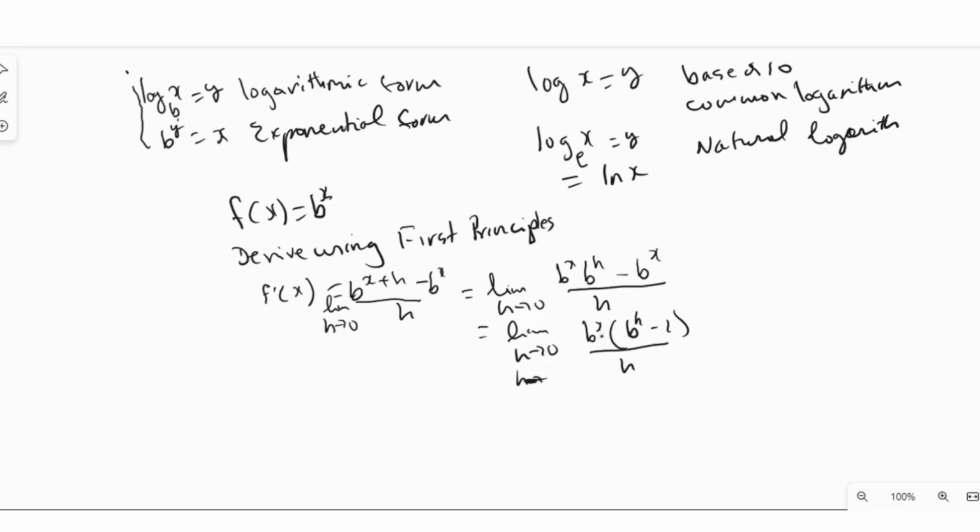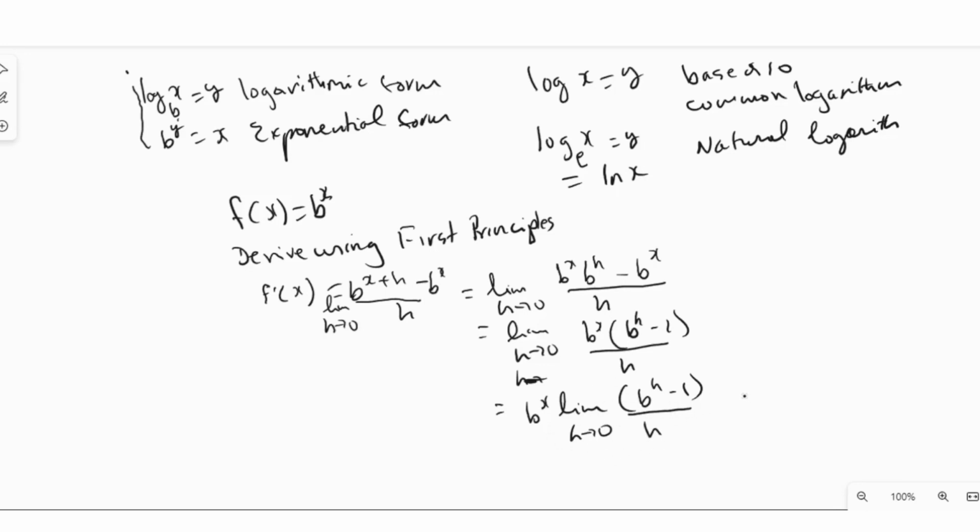B to the power x does not depend on h because it does not have h. Therefore, I take it outside, limit of b to the power h minus 1 over h as h approaches 0. So if we say the derivative of b to the power x is that, it doesn't look nice. This is not a very nice number.